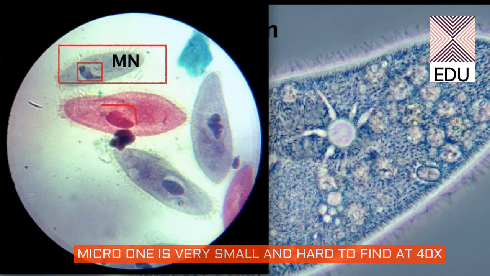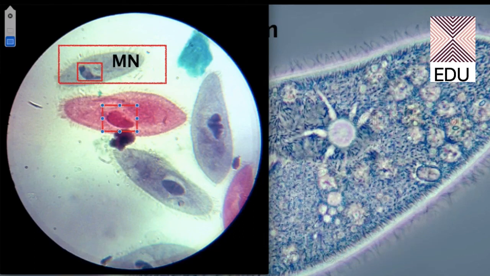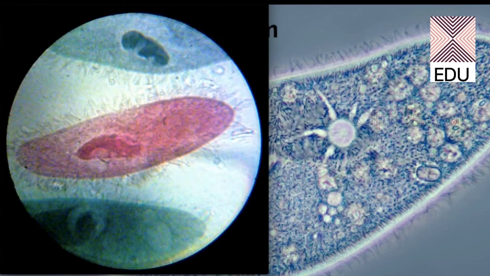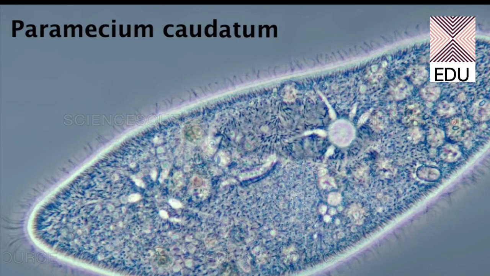Here again you can see the nucleus of the second paramecium, again a macronucleus. In the second diagram you can see a magnified image of a paramecium. You can see the number of cilia present in paramecium. These are huge in number. So that was all about the basic structure of Paramecium chordatum.